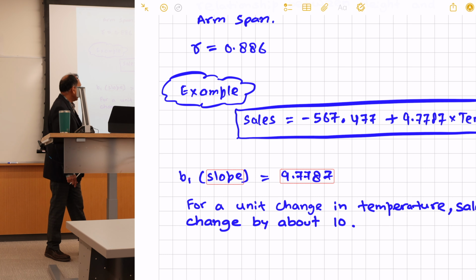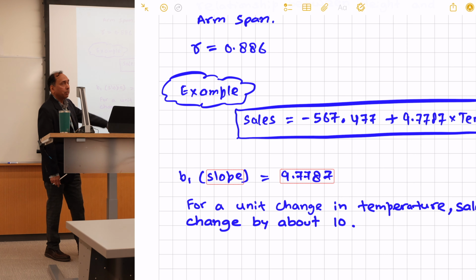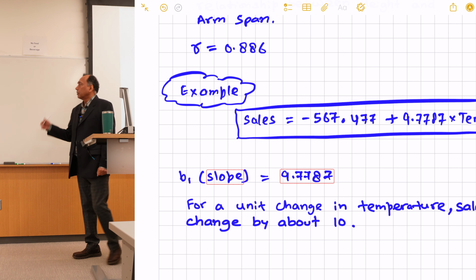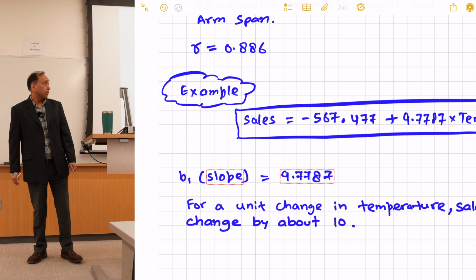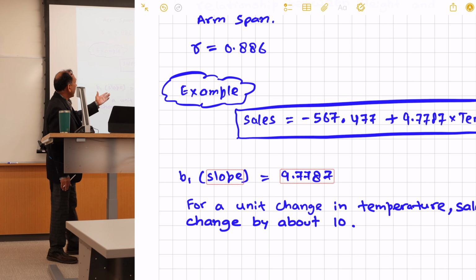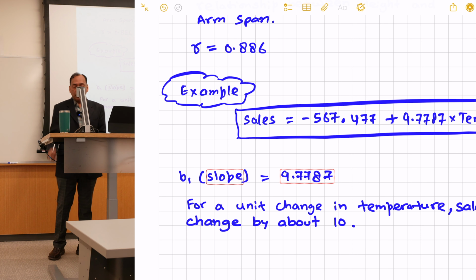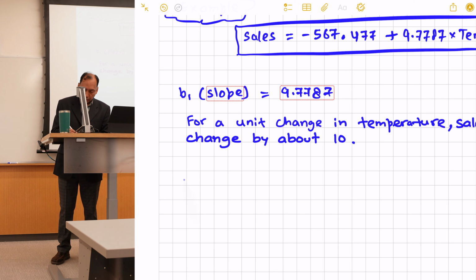Temperature changes by 1 up or down, sales will change by about 10. Because this is number of ice creams, so instead of using 9.77, we can round it to 10. R square is equal to 0.95.